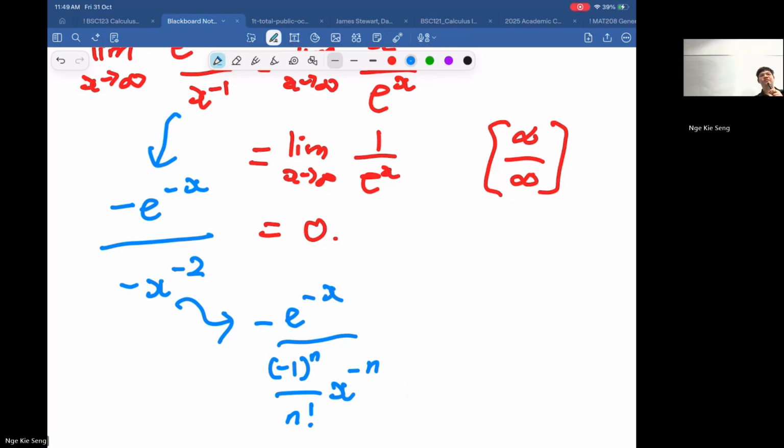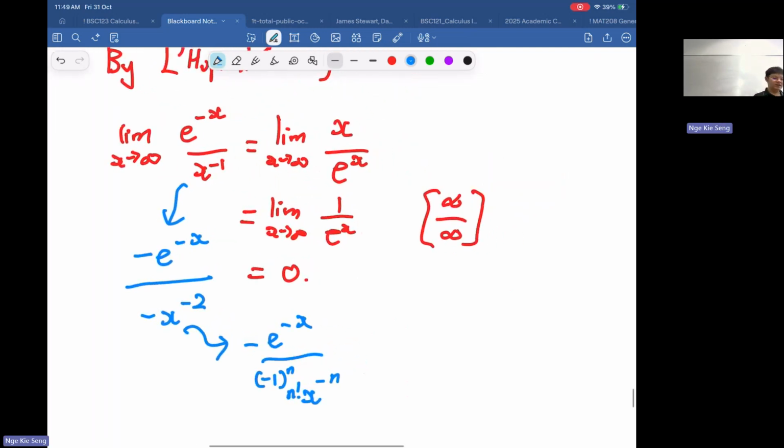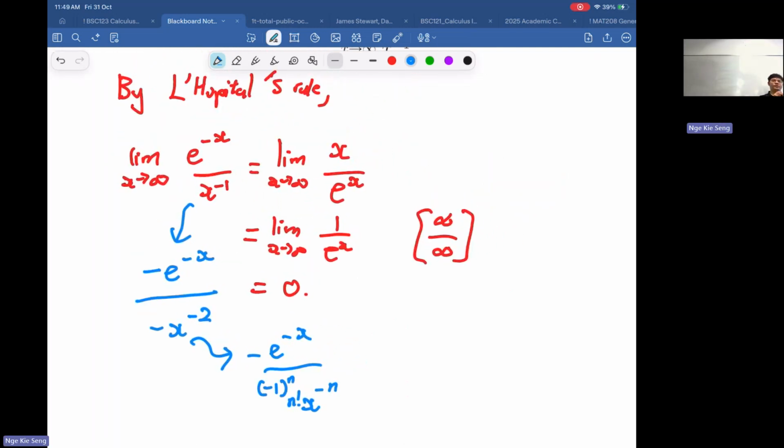Then you go crazy. So the point here is to pick some nice form to differentiate and get to some function whose limit you know. It's not that you cannot do it, but if you don't have another tool to check it, then you pretty much get stuck.